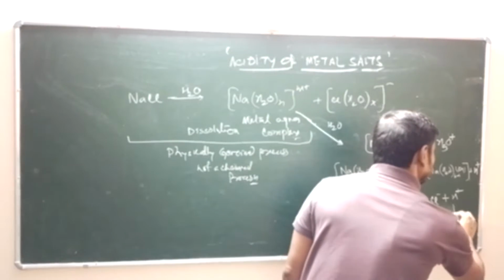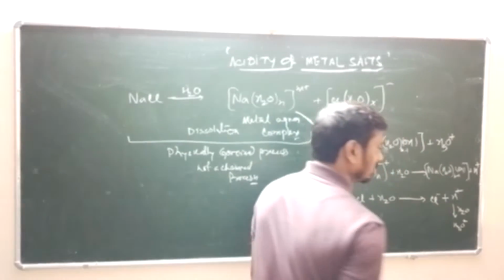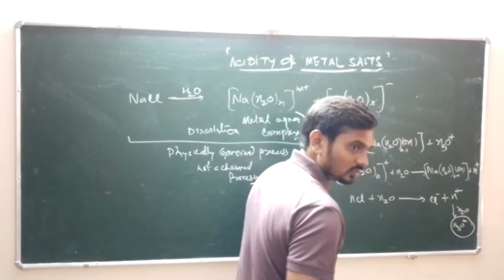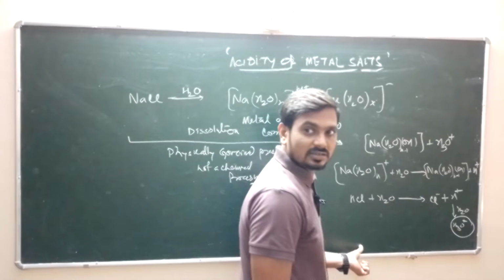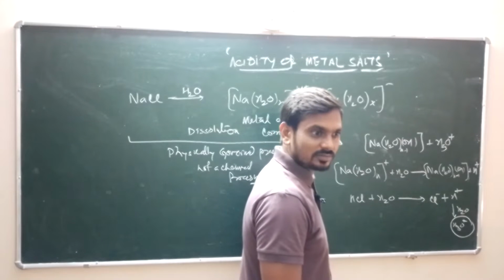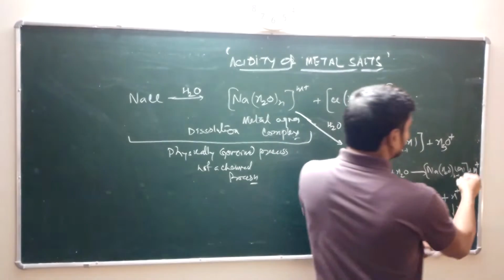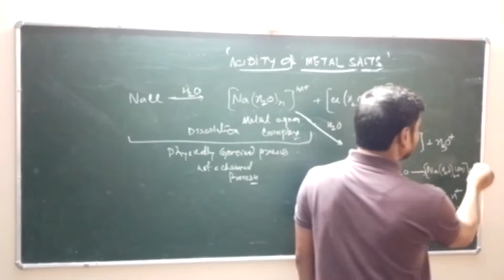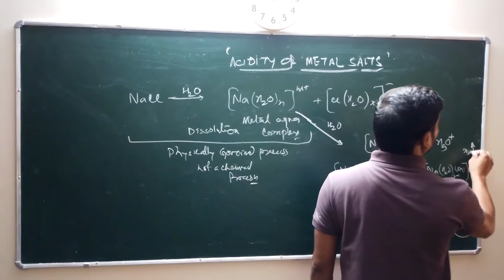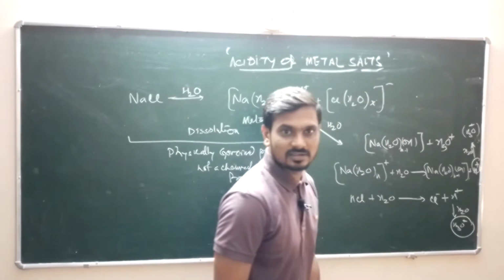And this H plus will react with H2O. It gives an H plus ion to the water molecule, imbalancing the H plus and OH minus concentration in the solution, and the resulting solution will be acidic. Acidic or not? Here the same thing is happening. This H plus gets associated with the H2O molecule and the ultimate product is the hydronium ion.